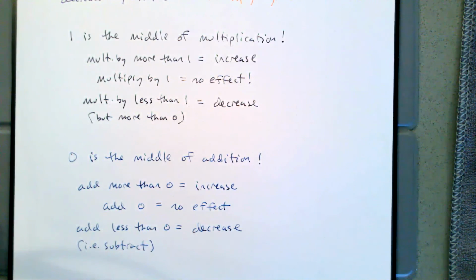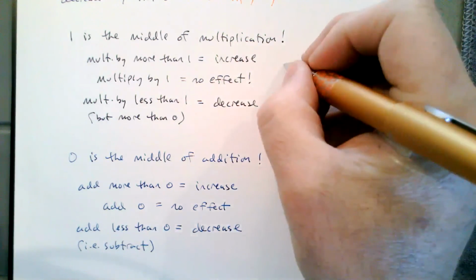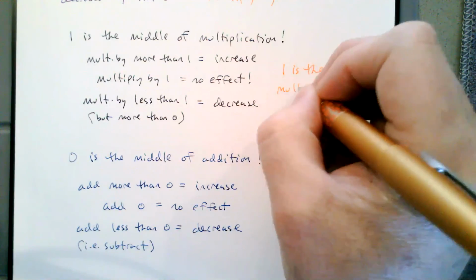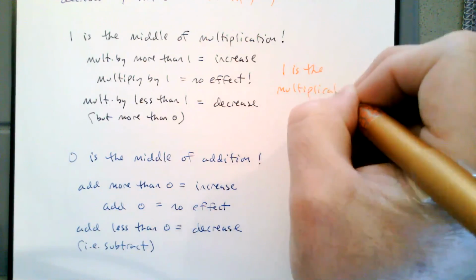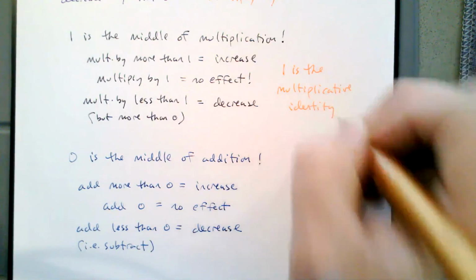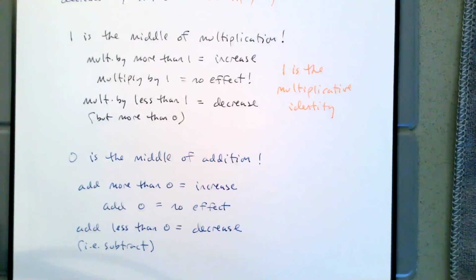The math words for this are, these numbers are the identities. 1 is the multiplicative identity, because under multiplication, 1 doesn't do anything.